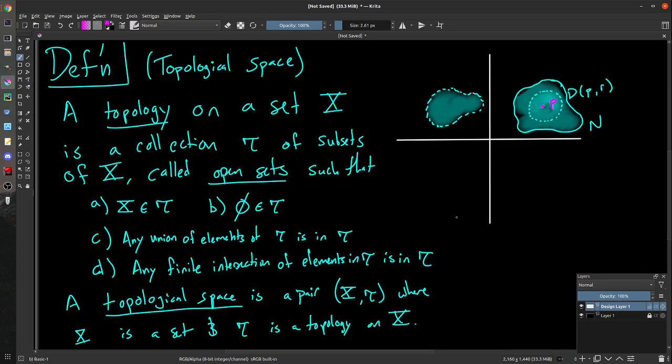Why not do it for everything? Why not make our lives nice? So we'll have disks. A neighborhood of a point P is a set containing a point P inside of a disk contained within that set.